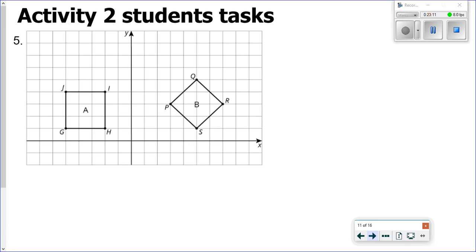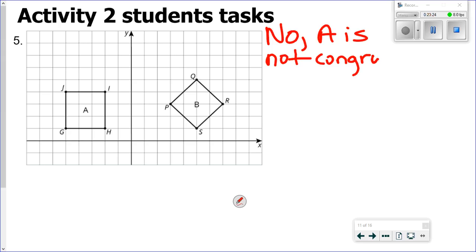Hopefully, after performing rigid transformations with problem 5, we realized yet again that no, A is not congruent to figure B. Maybe you tried rotating quadrilateral B around a certain point, such as point S, by 45 degrees counterclockwise, and then translated it left 7 units.